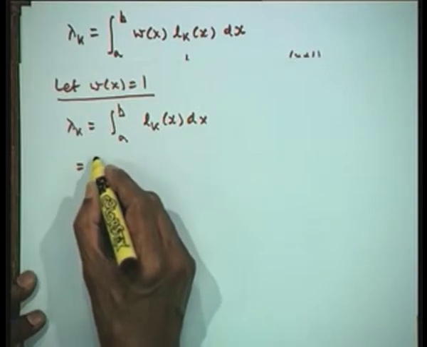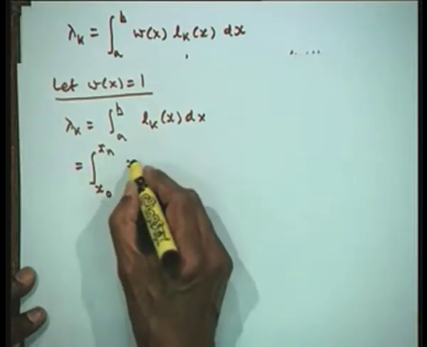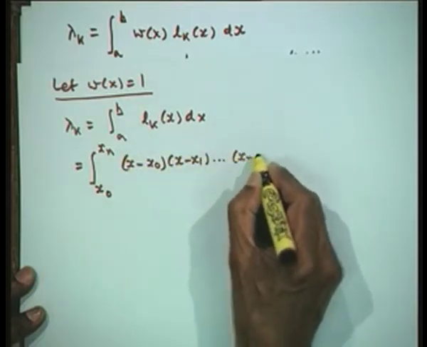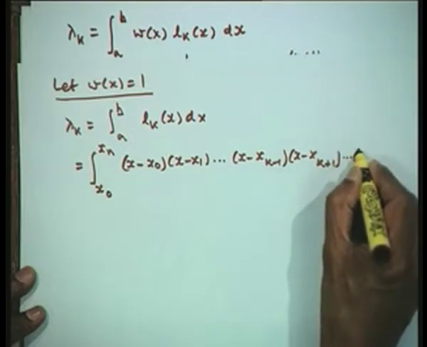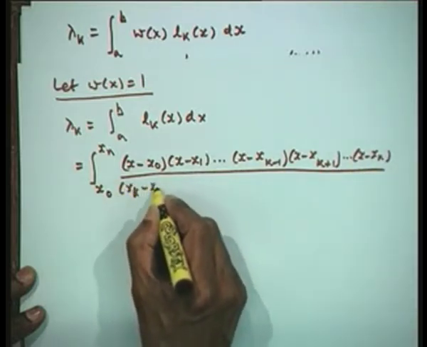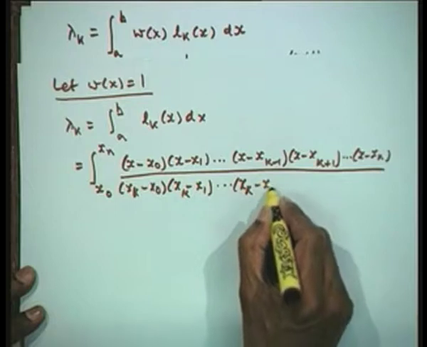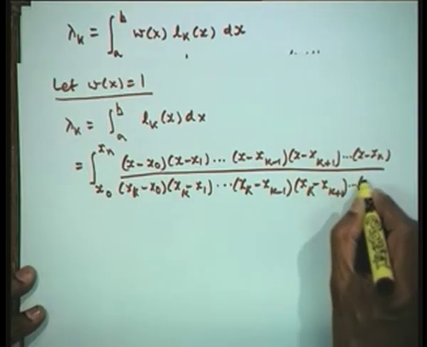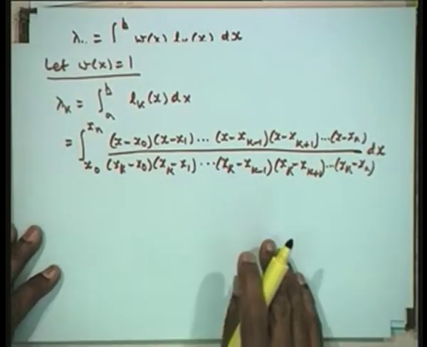Therefore, this is equal to integral from a is equal to x naught to b is equal to x n, of x minus x naught, x minus x 1, x minus x k minus 1, x minus x k plus 1, x minus x n divided by x k minus x naught, x k minus x 1, x k minus x k minus 1, x k minus x k plus 1, x k minus x n, dx.